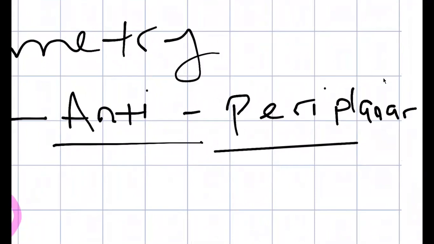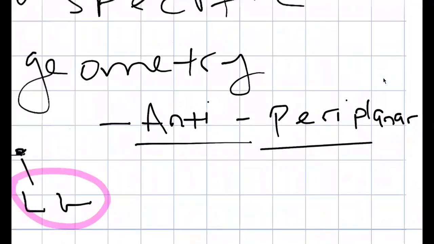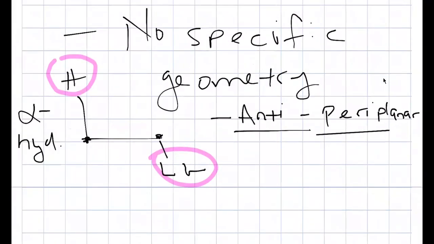Anti-periplanar. That's a requirement for E2. If your leaving group and that alpha hydrogen cannot get on opposite sides of one another, and that's possible through rotating around the carbon-carbon bonds. We haven't talked about Newman projections yet, but we will. We actually are going to have time to get to that, which is a blessing.